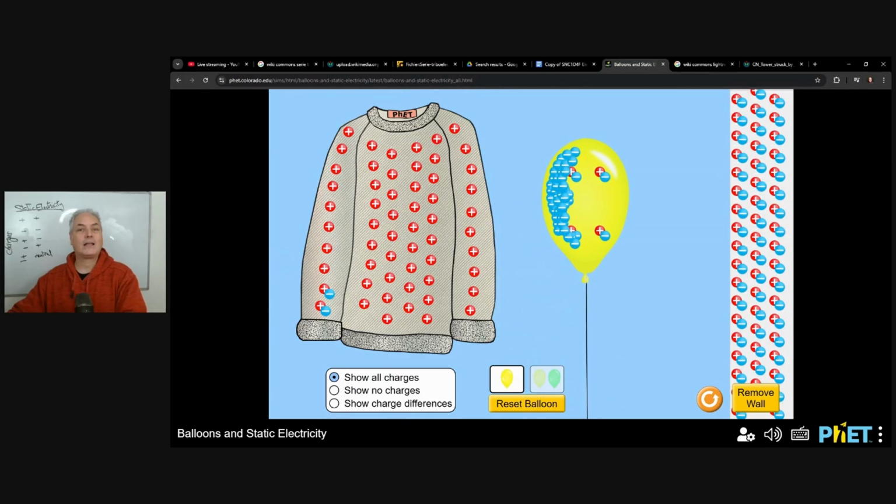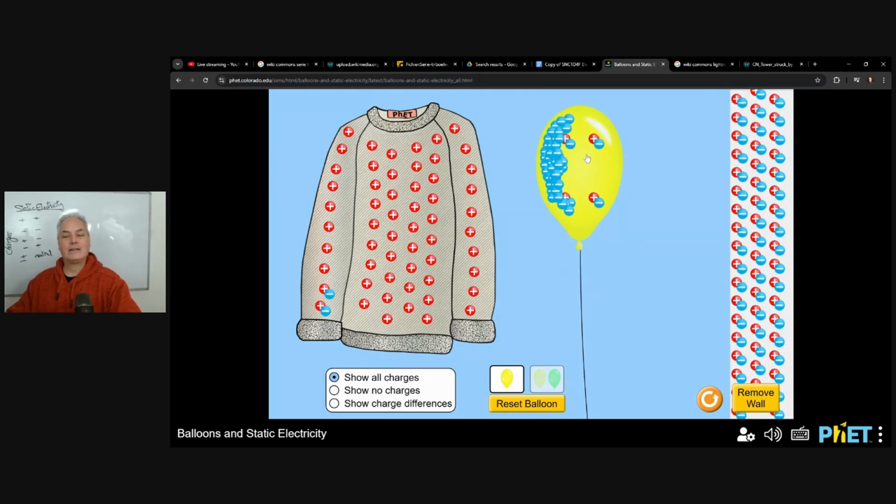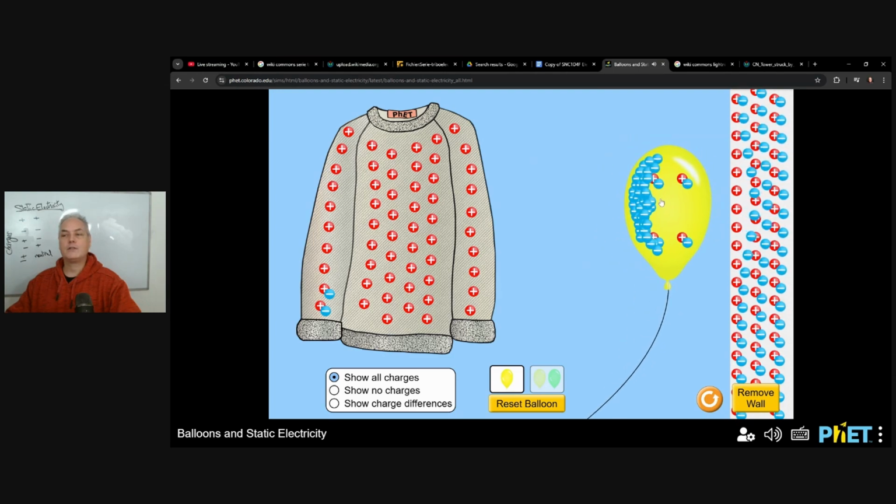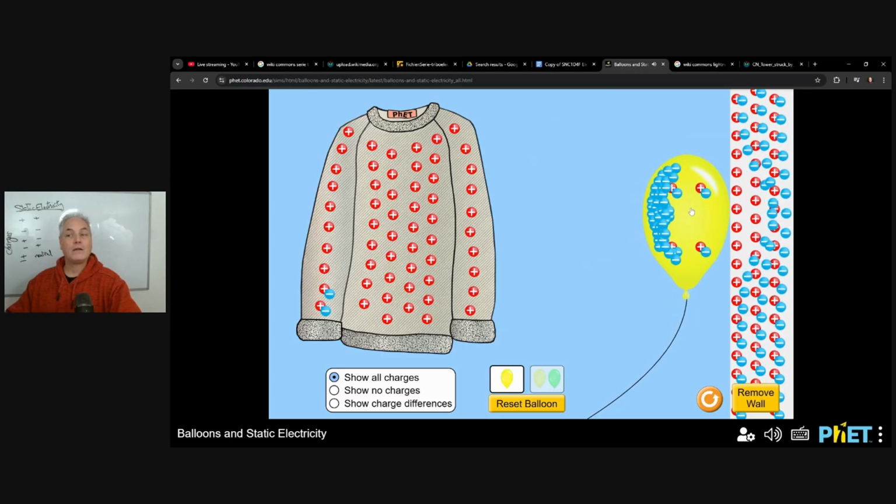The next one is what I call charging by induction. If I have my negative balloon here and I bring it closer to the wall, notice what happens to the electrons. You notice that the electrons are moving away from the edge of the wall. I call it charging by induction because the negative charge of the balloon is pushing the electrons further away from the surface of the wall.